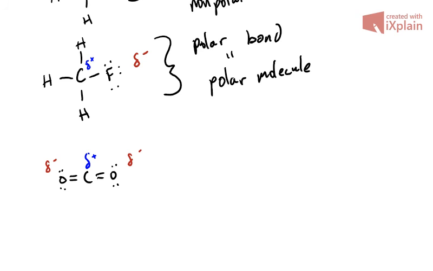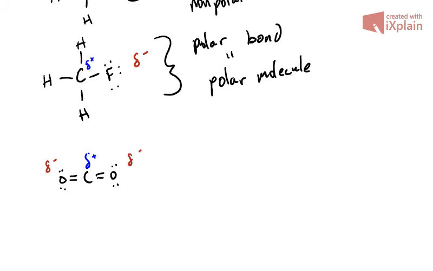This is where the shape comes into play because carbon dioxide is what shape? Linear. It's straight across like this. So these two green ones are my oxygens, and that's where the negative charges are. And then right dead set in the center is where the positive is.